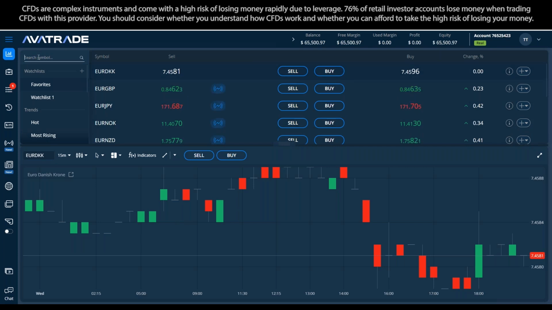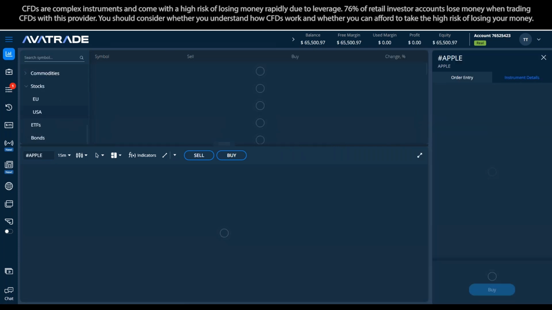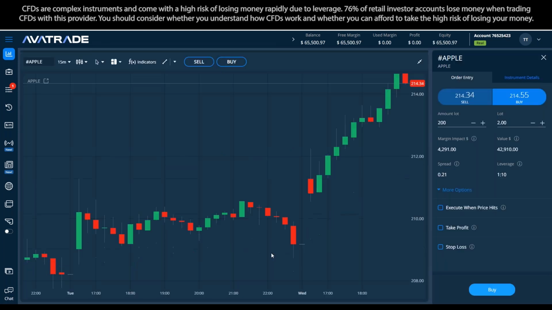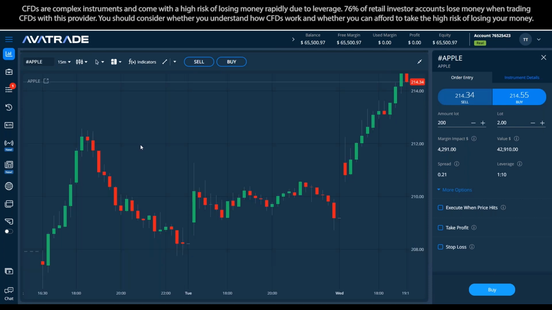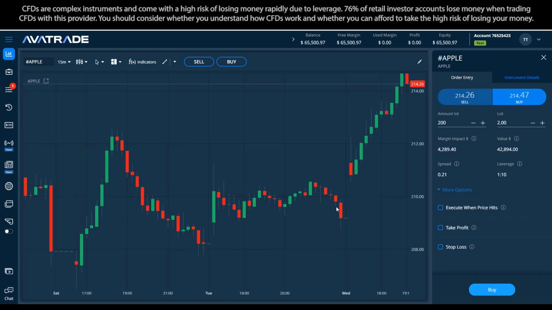Maybe you find a nice entry point. Perhaps Apple pulled back today. So we can take a look. US market is open, so we can see what's happening with Apple. Okay, it's up on the day. We see it gapped up at the open and has climbed since. So looks like that signal was so far dead on in terms of what was going to happen.